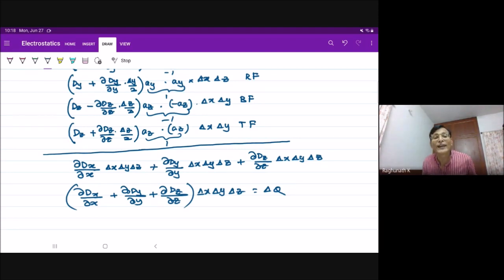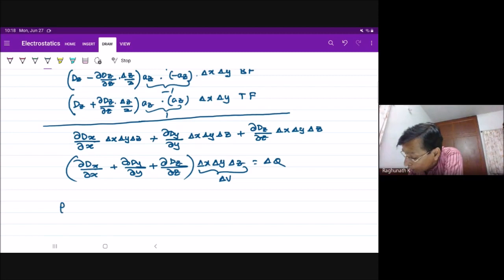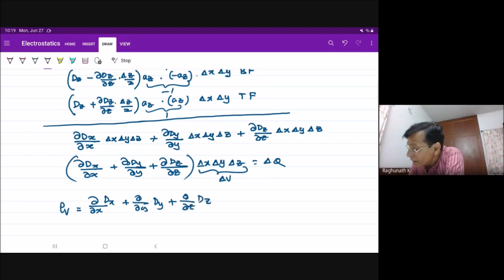What is rho v? This is ΔV. ΔQ by ΔV is rho v, so rho v is equal to ∂/∂x of dx plus ∂/∂y of dy plus ∂/∂z of dz. What is this called?